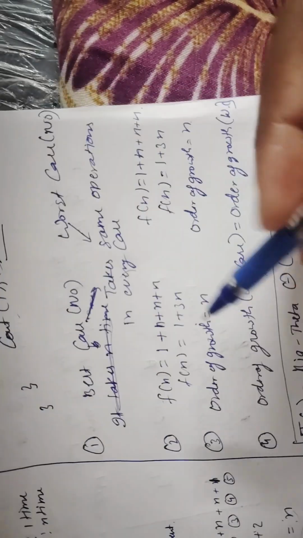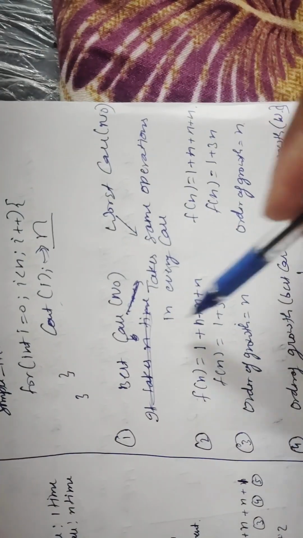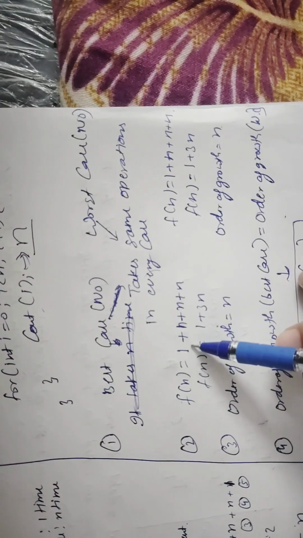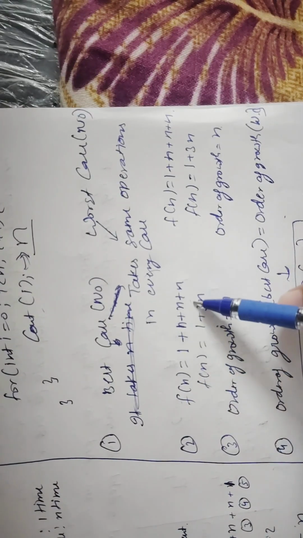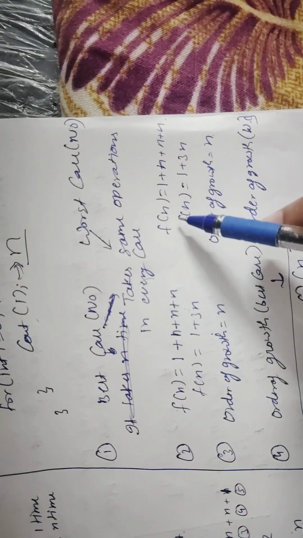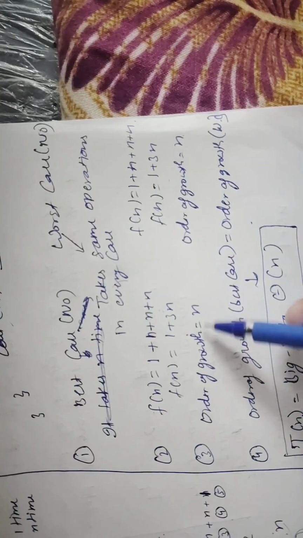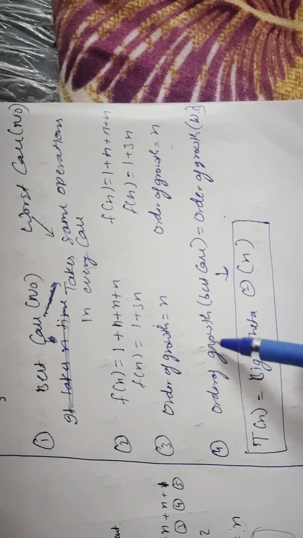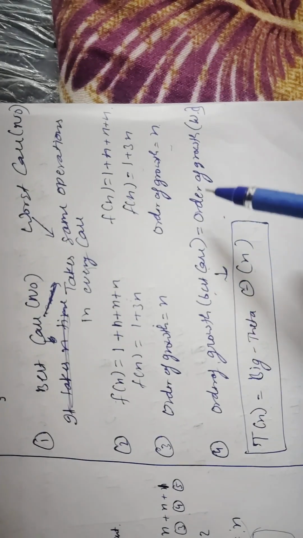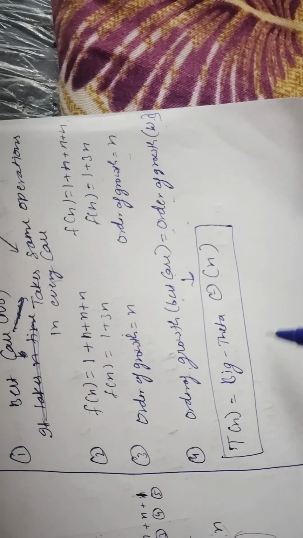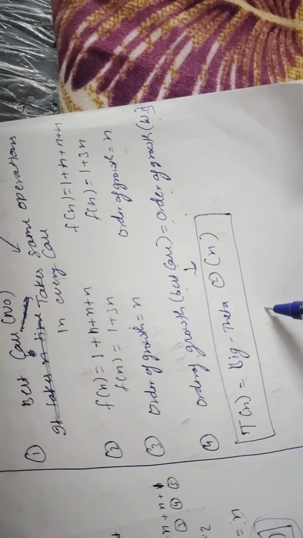So in the best case, the function we create will take this number of operations, and for the worst case also it will take the same number of operations. So the order of growth for the best case and for the worst case is the same. So we use big theta notation here.